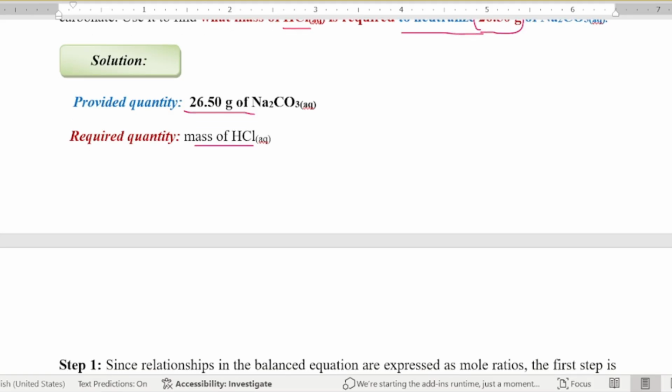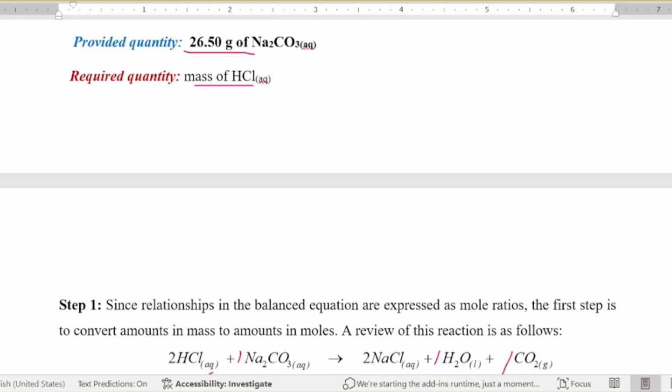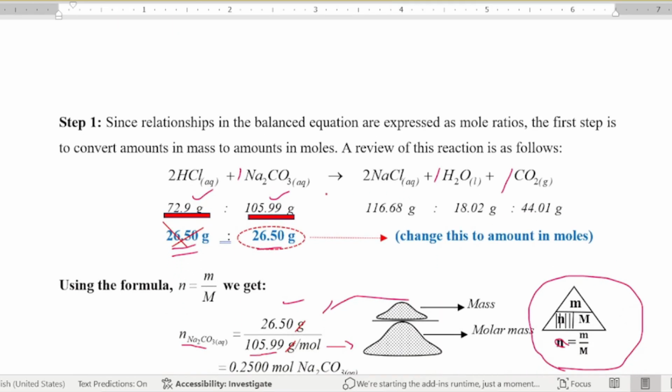You can't use mass. You have to change into moles, use the mole ratio, and then change moles back into mass. So here is a balanced equation, 2 to 1. Now, this is the mass of the sodium carbonate. Change that to moles. If you know the number of moles here, you can know the number of moles here because of this 2 to 1 ratio.